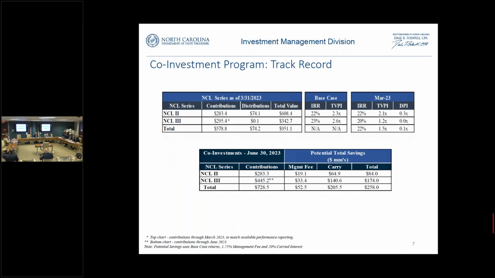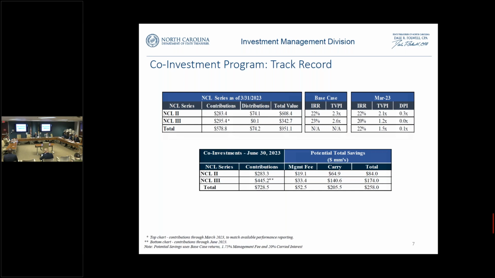So this slide highlights the performance and deployment of the co-investment program through March 30th. The co-investments have resided in two series or structures, NCL2 and NCL3. The top part shows what we've deployed and what the returns are. NCL2 was the first iteration, started in October of 2018.